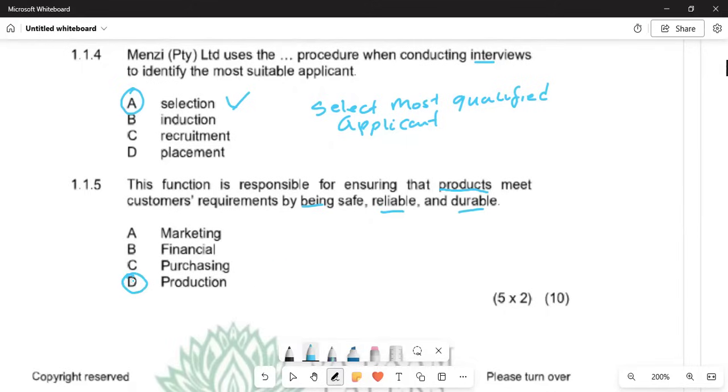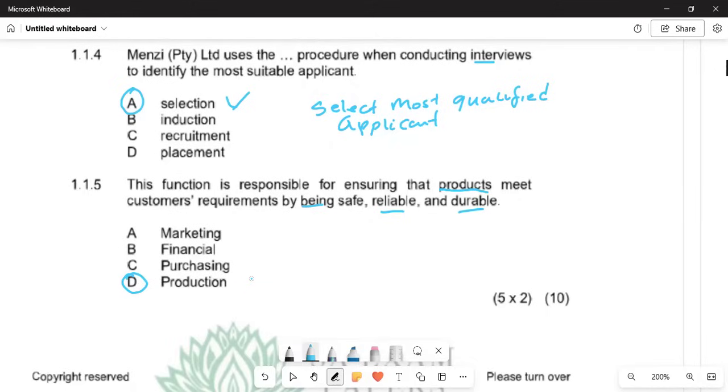Production function or production department, because the production function ensures that the product is reliable, is safe, and is also of good quality.